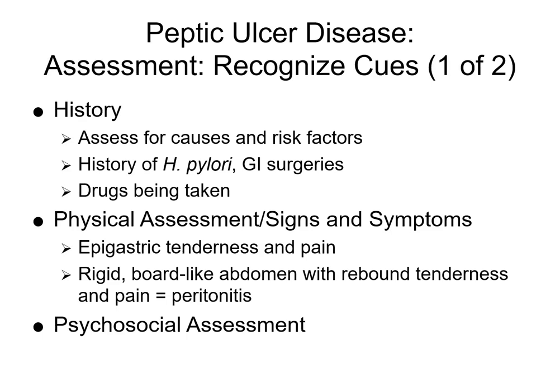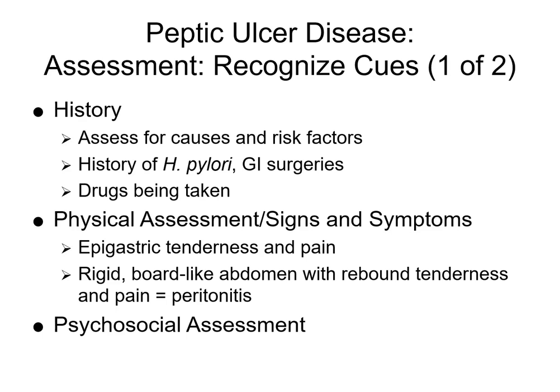Now, what is that patient going to look like that has peptic ulcer disease? What will they look like? What will they be complaining of? Stomach pains. And where in their stomach? When we think about stomach, we think about here. But when we think about the abdomen, how many quadrants does it have?